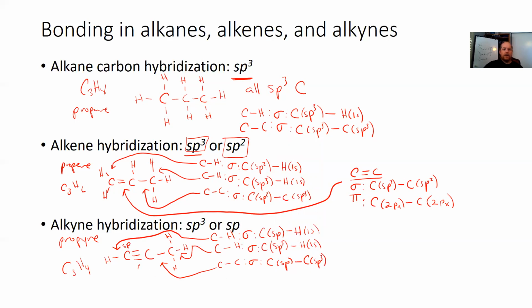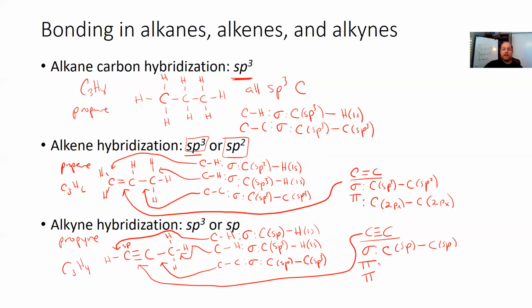And then we have our other carbon-carbon bond, this carbon-carbon triple bond. On this one, you have a sigma bond and 2 pi bonds. The sigma bond will be just the carbon sp hybrid orbital bonded to the carbon sp hybrid orbital.